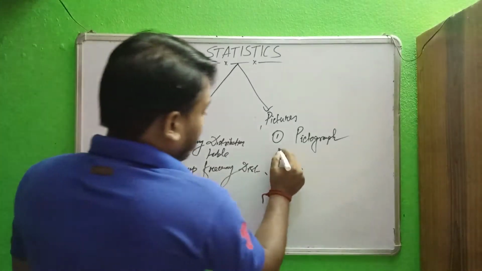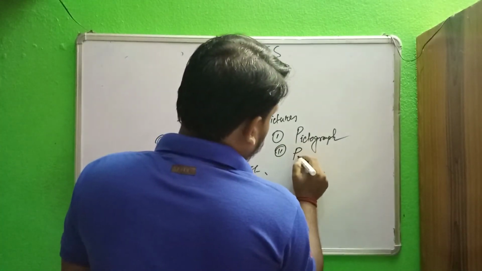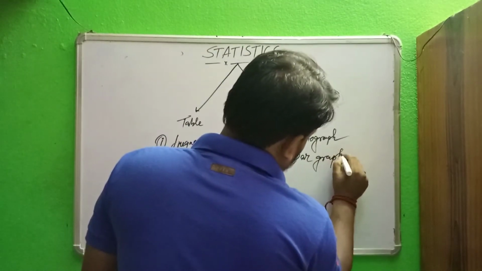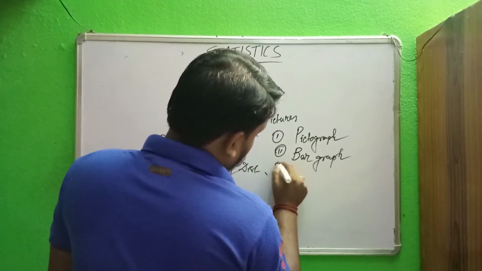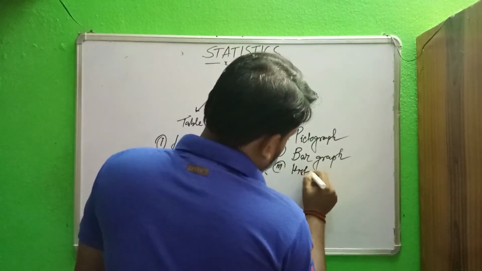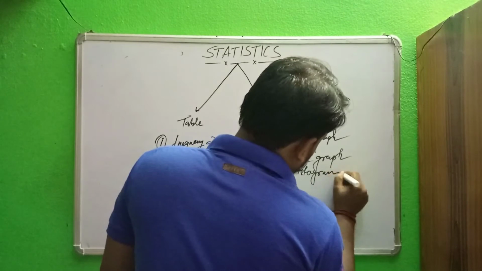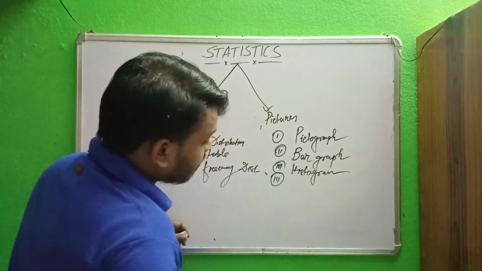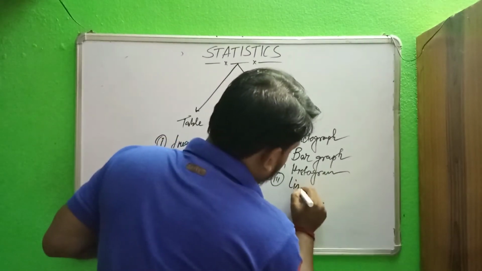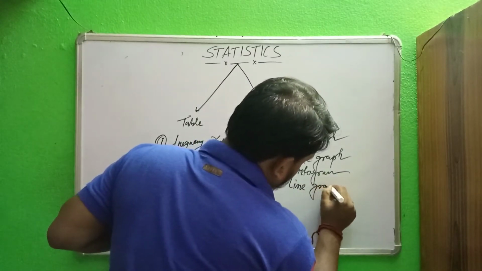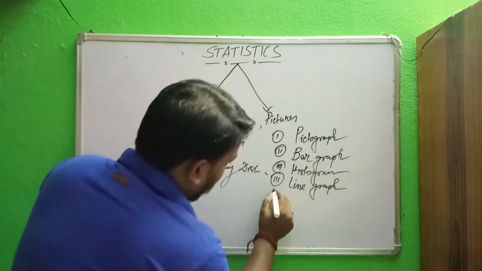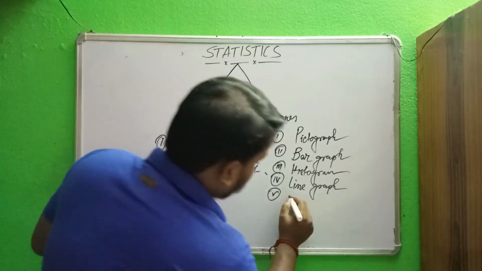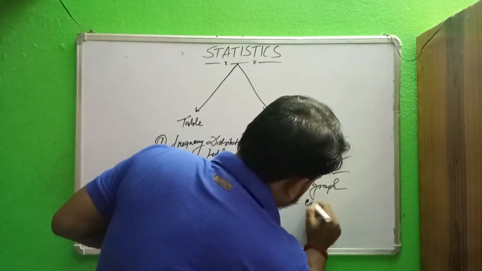Next is the bar graph, then histogram, then line graph, then pie chart.